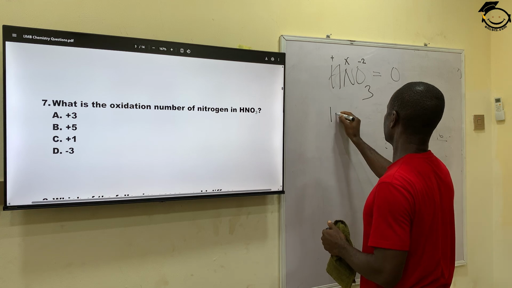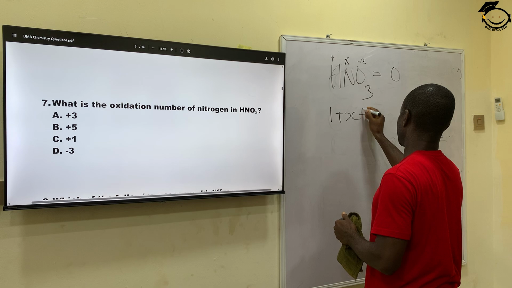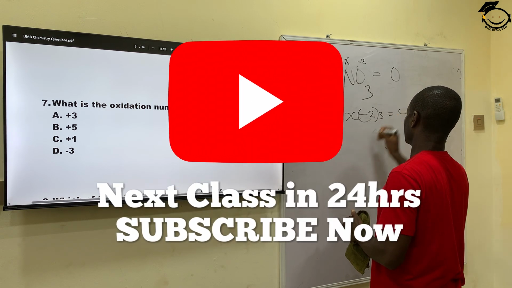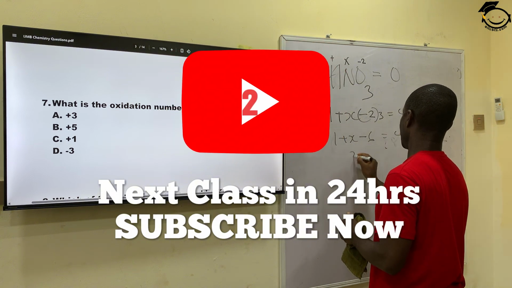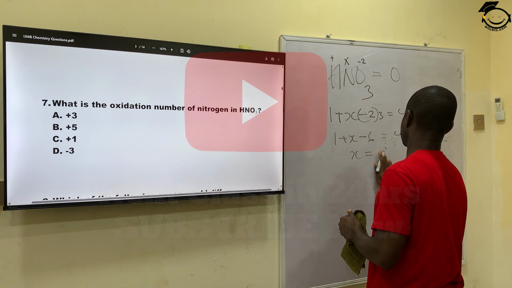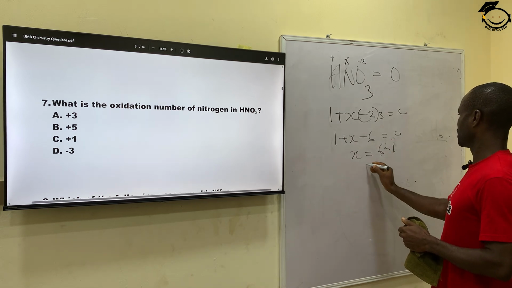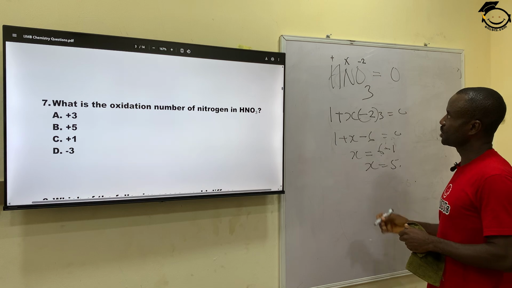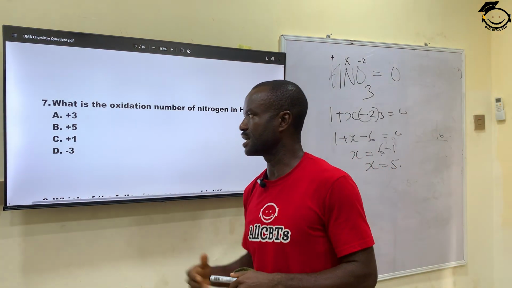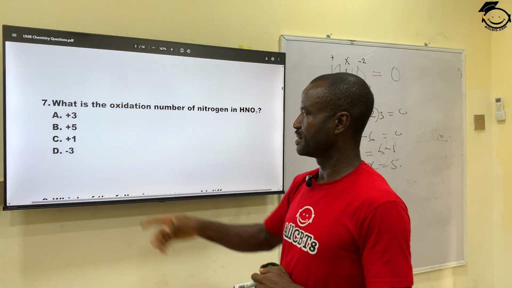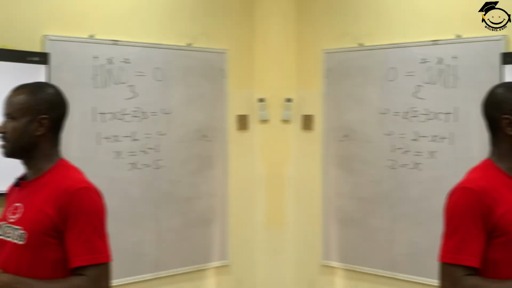So therefore 1 plus X minus 2 times 3 equals 0. 1 plus X minus 6 equals 0. X therefore is going to be 6 minus 1. So X equals 5. So the oxidation number of nitrogen here is +5. A, +3, B, +5, C, +1, D, -6. So the correct answer is B.